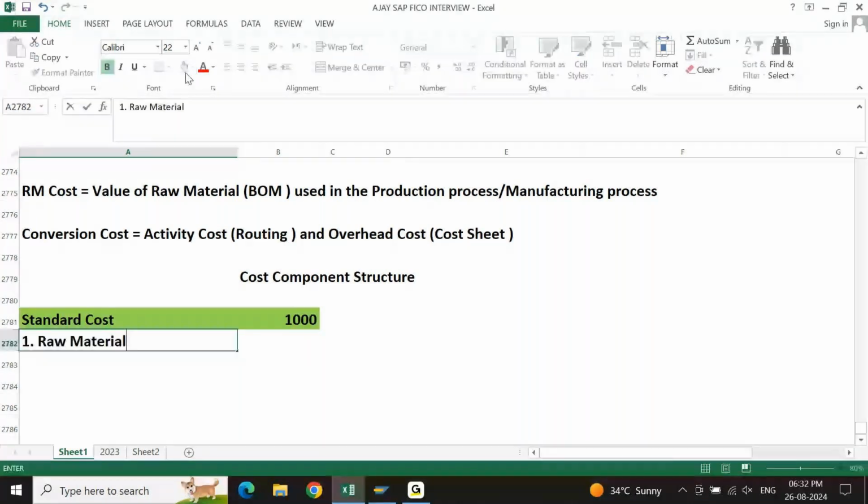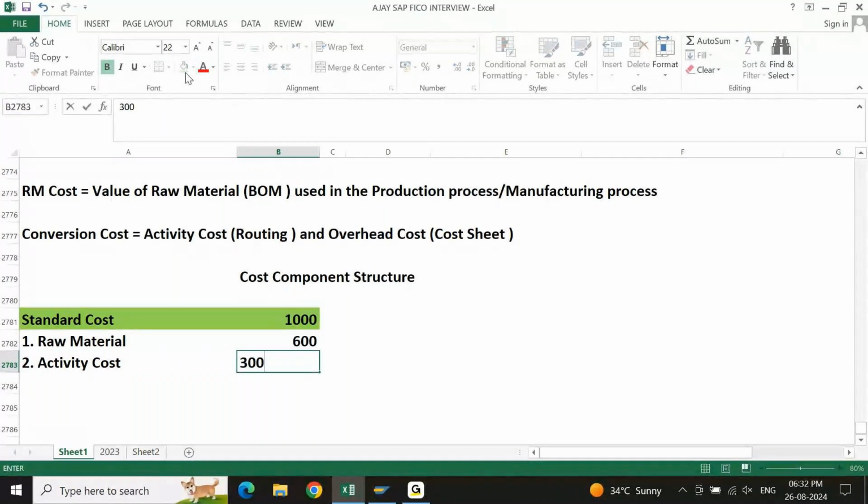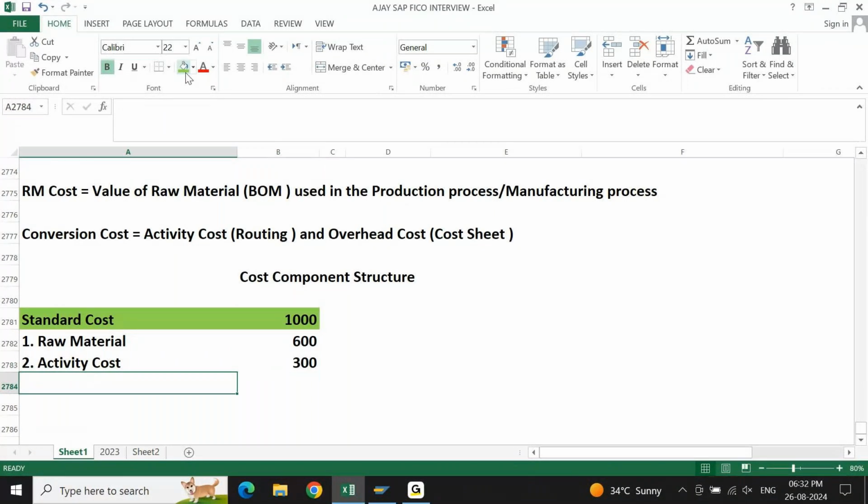The second one is my activity cost, let's say 340. The third one I have is overheads, I can say 60.